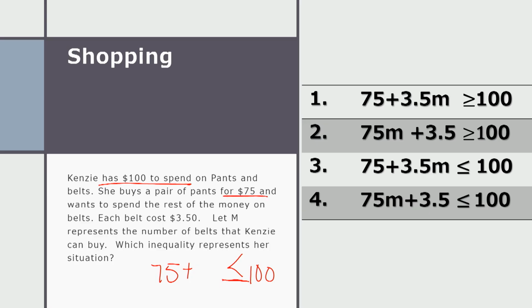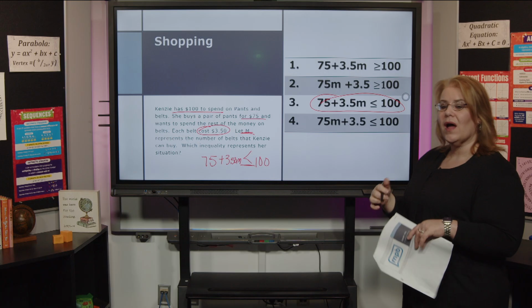So we did $75 for the pants. Each belt costs $3.50 and M's our number. So I have $3.50 M. Do I have one that means what we have written? Let's see. 75 plus, here we go. And that's how we annotate and write that inequality.